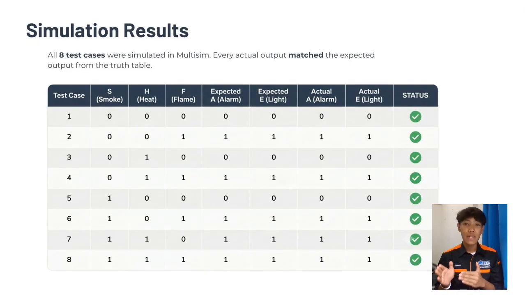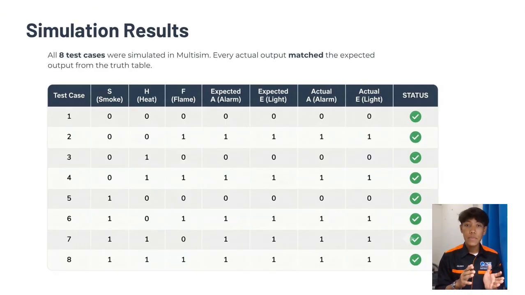Okay, this table shows the simulation result for all 8 test cases. We have compared the expected output with the actual output from Multisim. From the table, all results are matched. This means the actual output is the same as the expected output for every test case. The alarm stays off when there is no flame and when smoke and heat are not active together.